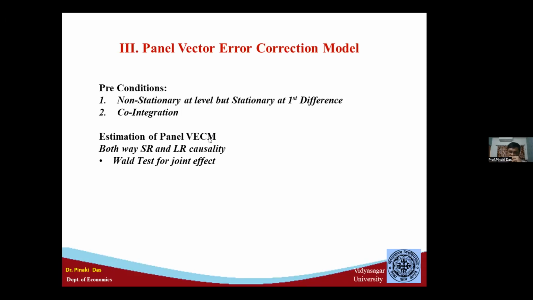Under the vector error correction model, there is also a particular test, called the Wald test, that helps us understand whether the joint effect of the short-run period is significant or not on the dependent variable.